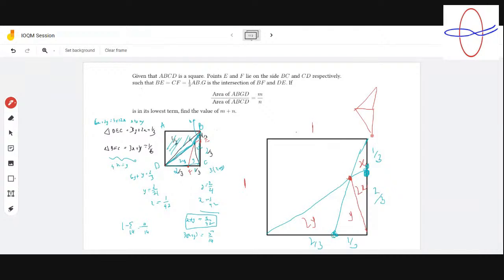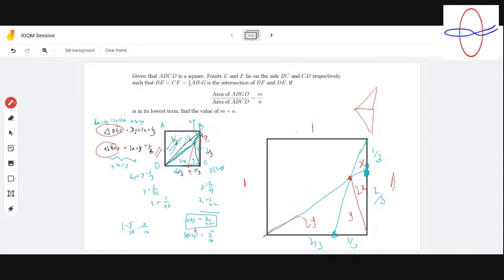Height is 1 and base is 1/3, so this area is 1/6. So BFC is 1/6, and that is 3x plus y. Similarly, consider DEC: half into 1 into 2/3, so it's 1/3 area, and it's twice x plus 3y.